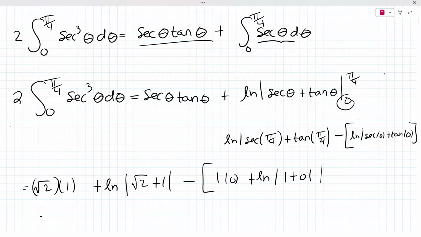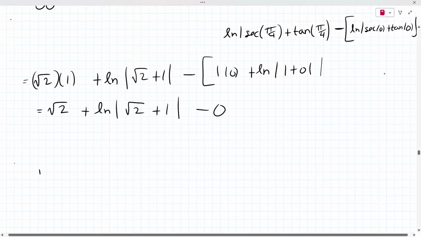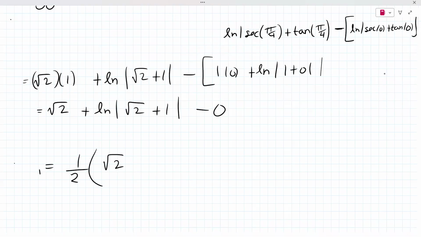And you get radical 2 plus ln of the square root of 2 plus 1 minus 1. And when you clean it up more, it's going to give you 1/2 square root of 2 plus ln of the absolute value of square root of 2 plus 1.